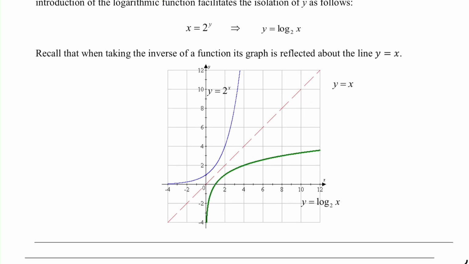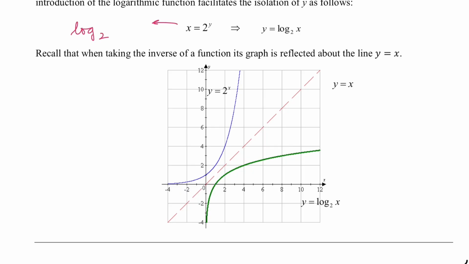Y goes to the power and x goes to the base. In this case, when we're converting the exponent to a log, our base will be 2, log base 2 of x is equal to y, and that is how we write it. When we do the inverse of that, it's going to be the same thing.